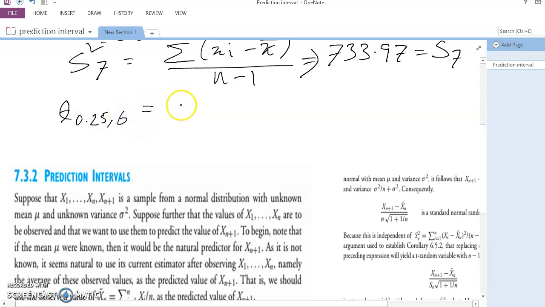That value is 2.447. You get this value from the t table.